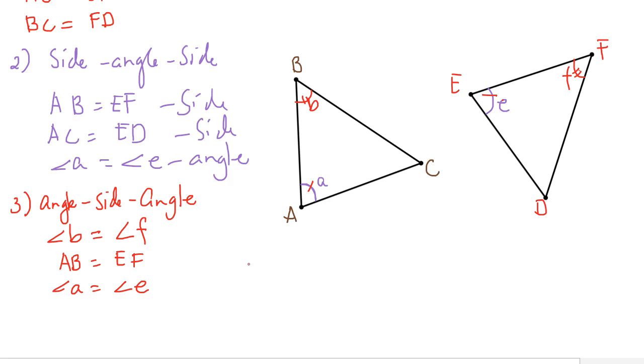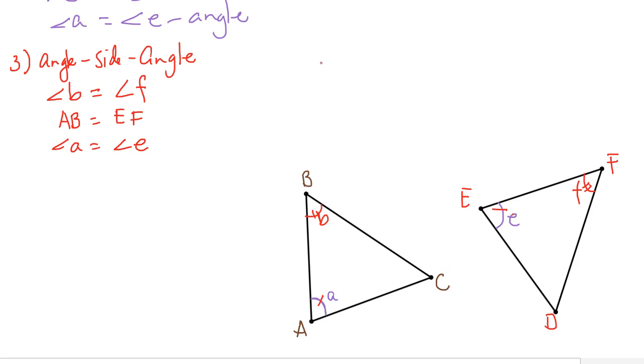When you find two angles that are equal in those triangles, and the side that is in between those two angles, then you have a congruent triangle.